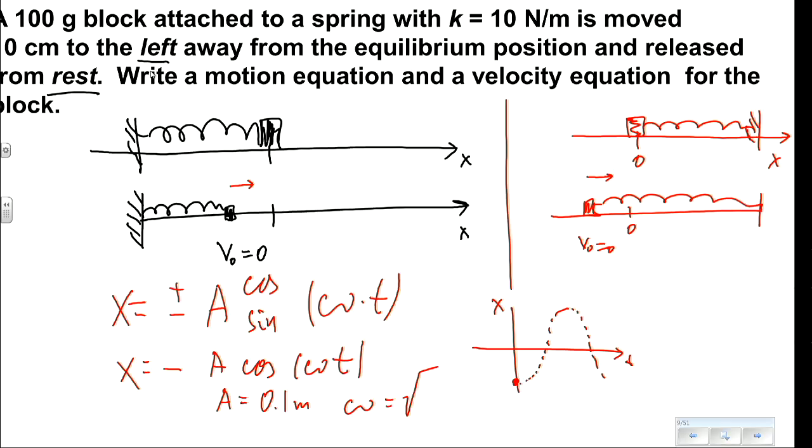And this we just have to remember or use the equation sheet. What is it? Square root of 10 over, well, grams. We again have to convert into kilograms, 0.1. So 10 radians per second.